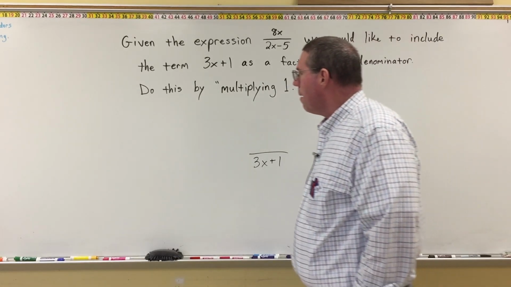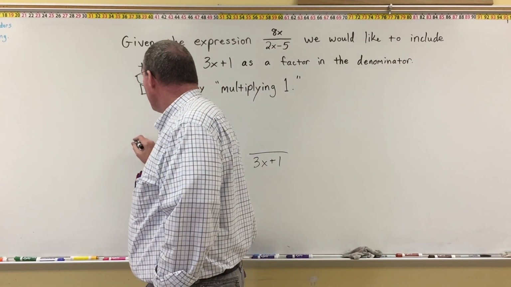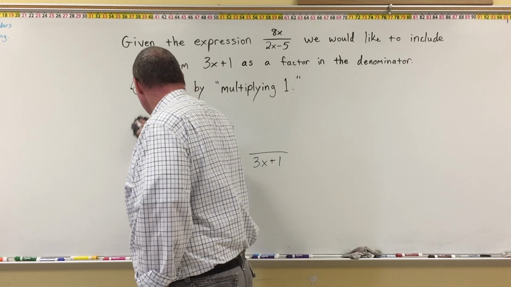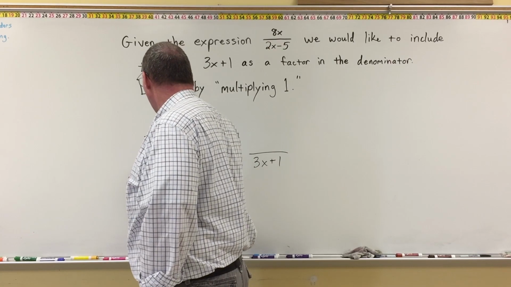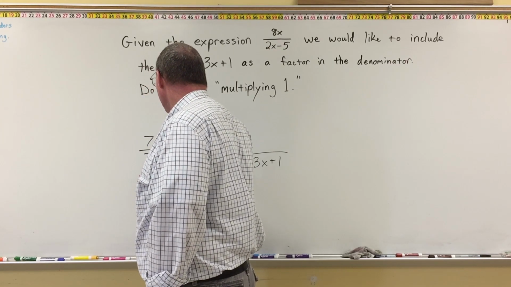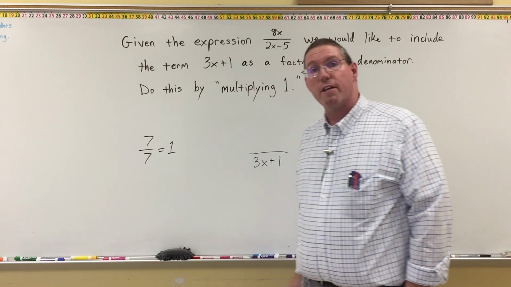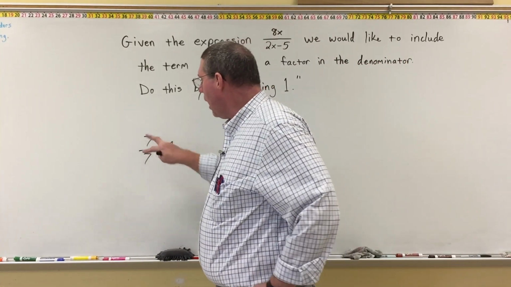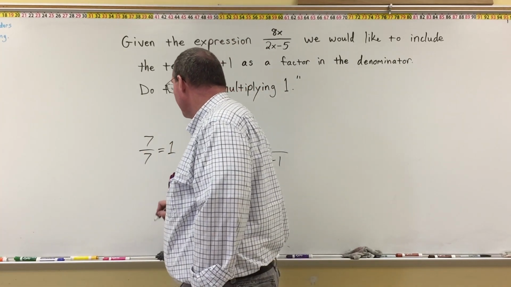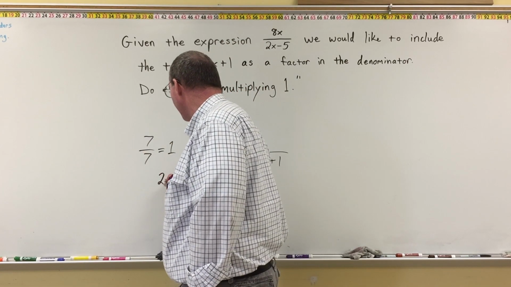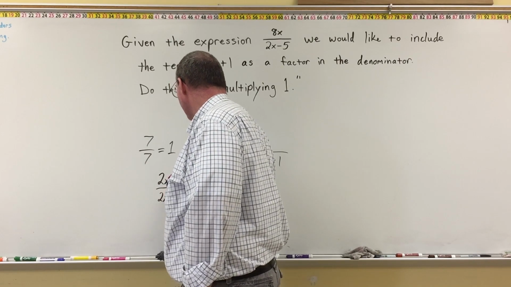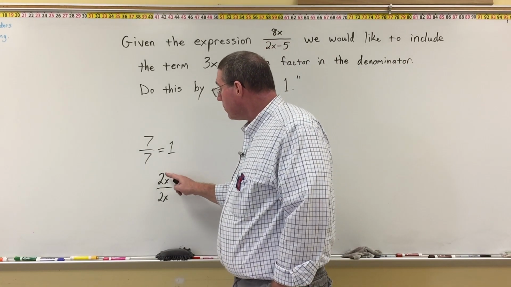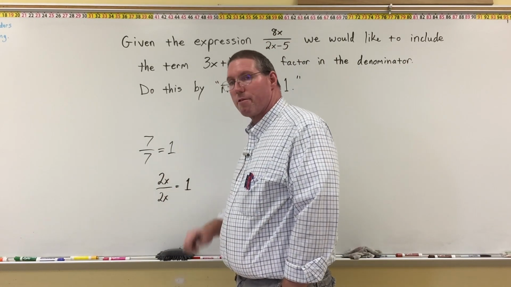Now, how can I multiply by 1 and have 3x plus 1 in the denominator? Well, I don't know if you remember this from elementary school, but any number divided by itself is equal to 1. So 7 over 7 equals 1. But it doesn't just have to be constants. It can also be variable terms. We can say that 2x divided by 2x is also equal to 1, but it doesn't have to be a single term divided by a single term.